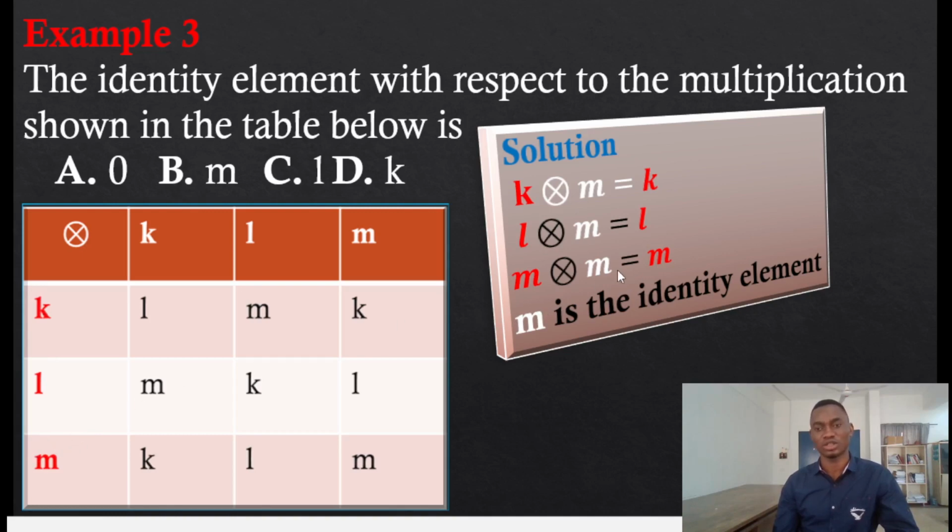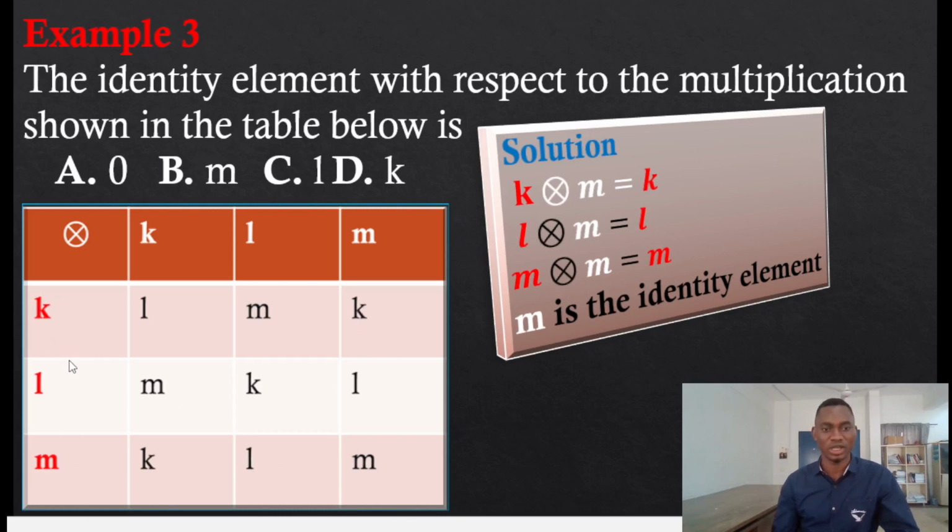So that is it. There's a shortcut to this. If you're looking for the identity element of this multiplication table, you are given K, L, M, so look for any column that has K, L, M in the same arrangement, in the same order.